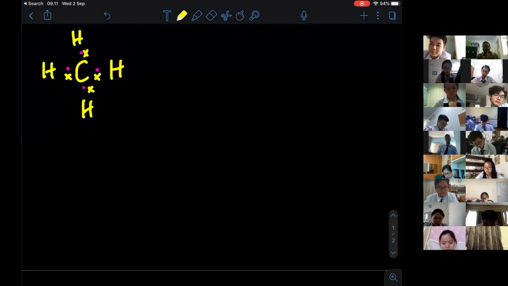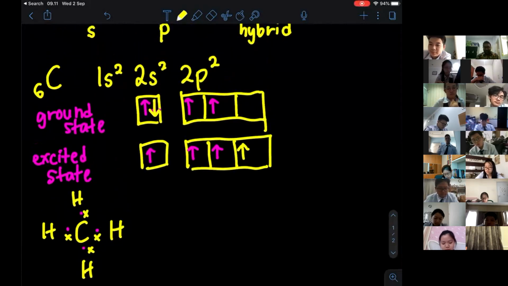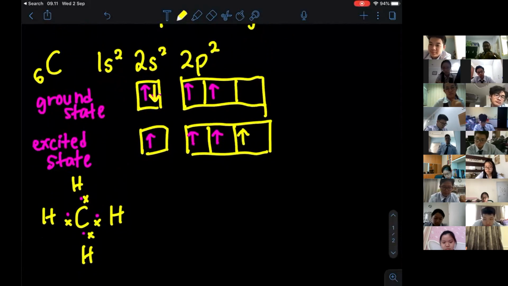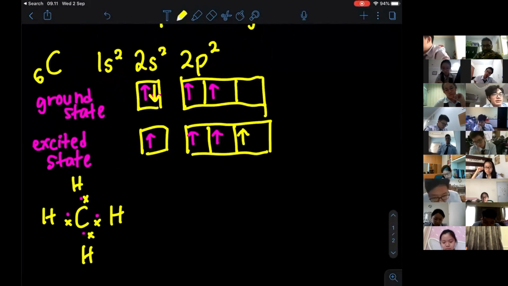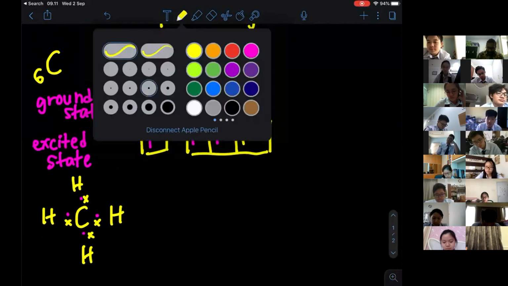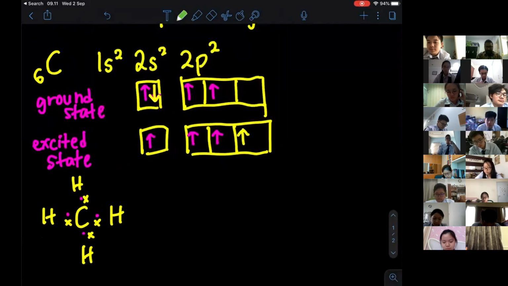So we need to make sure that carbon, in the excited state, has enough orbitals for those electrons to come in. I need 4 spaces for the electrons from hydrogen to come in. So I have to do a mixing of orbitals.